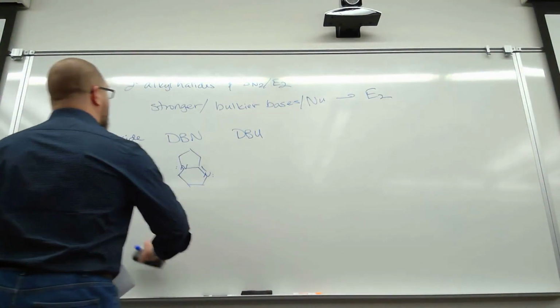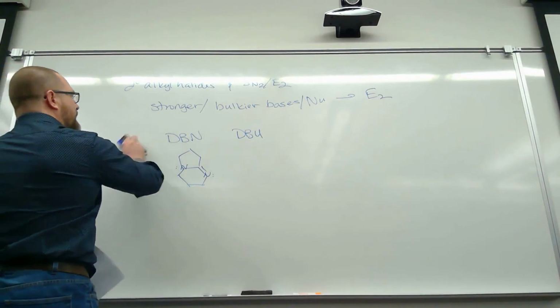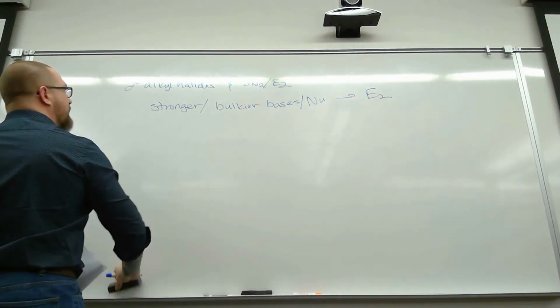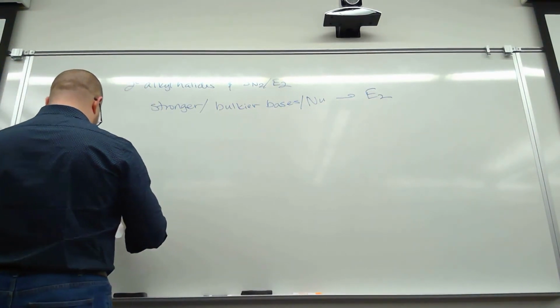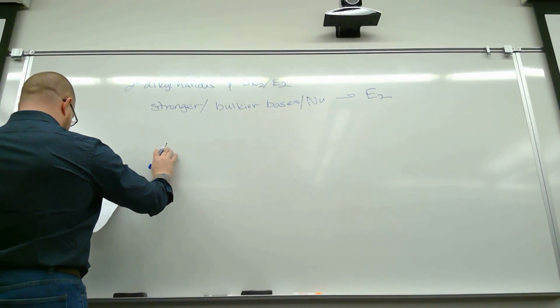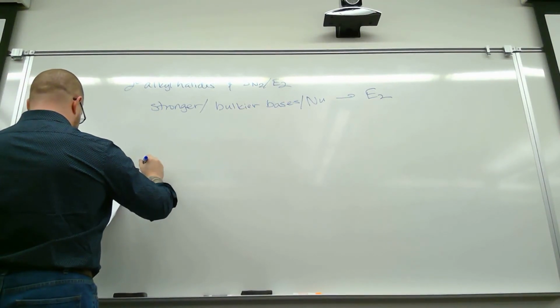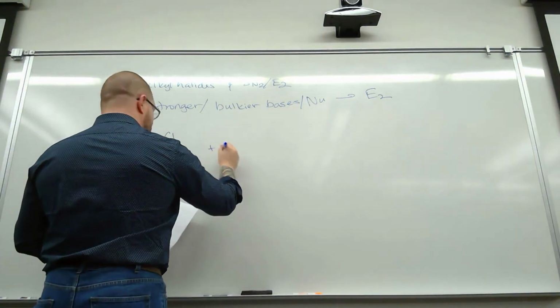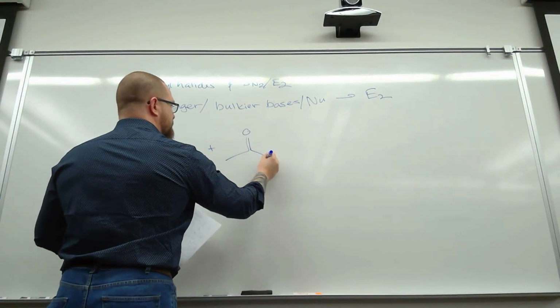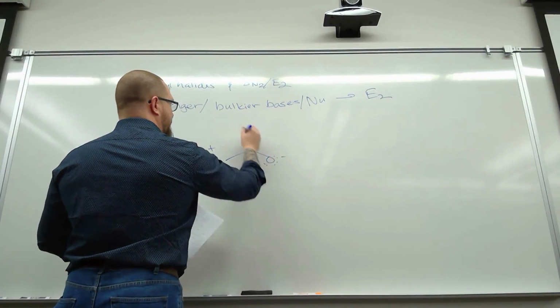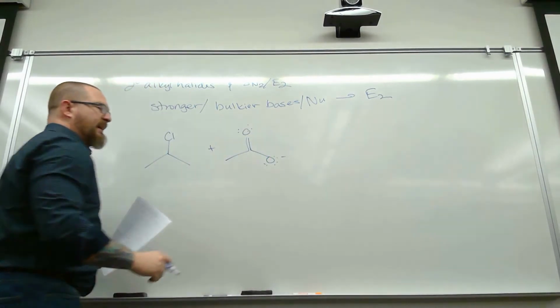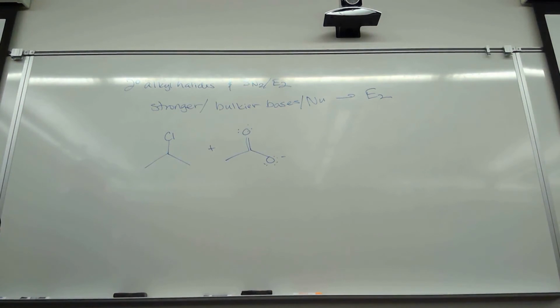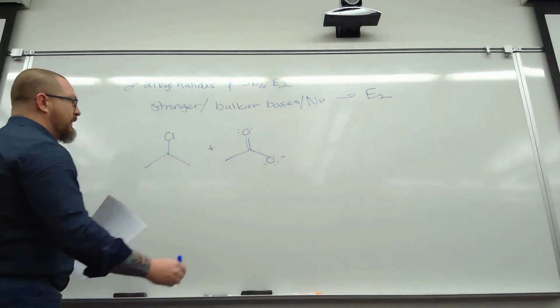And what that could look like is, let's see here. So this is acetic acid that's been deprotonated, so it's just acetate ion.